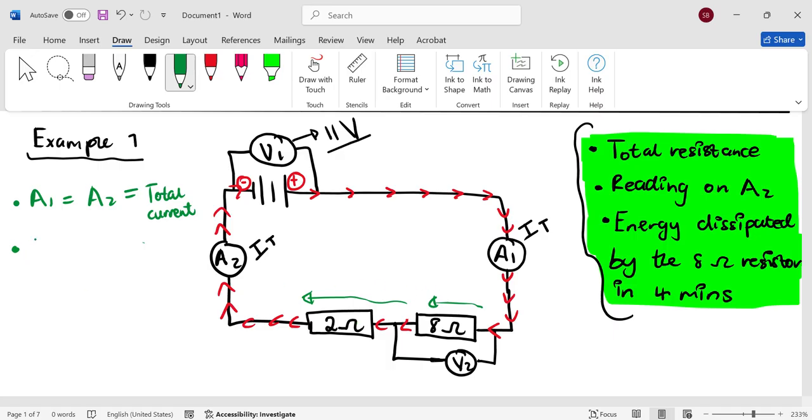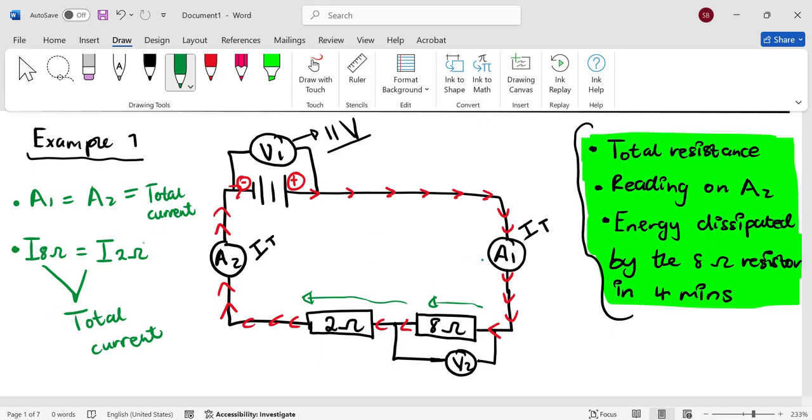Therefore, I can conclude that the current I through the 8 ohm resistor is equal to the current through the 2 ohm resistor. Do you guys agree with me if I say these two currents also equal the total current? Why?